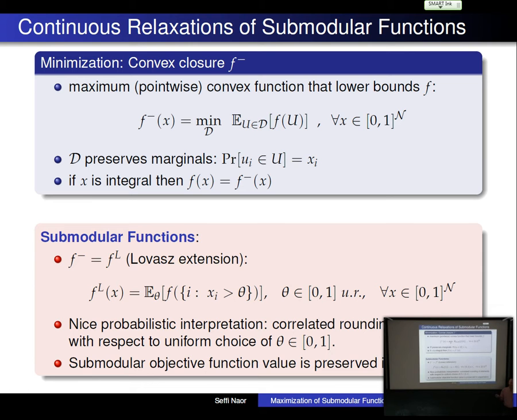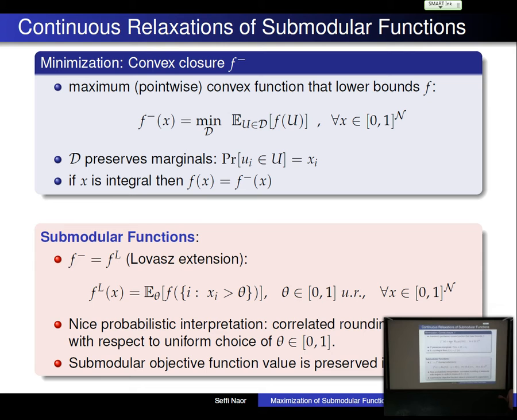Let's look at the subset of the elements I such that x_i is bigger than or equal to theta. So f of theta is defined to be the value of the function f on that subset of the elements I, for which x_i is bigger than or equal to theta.